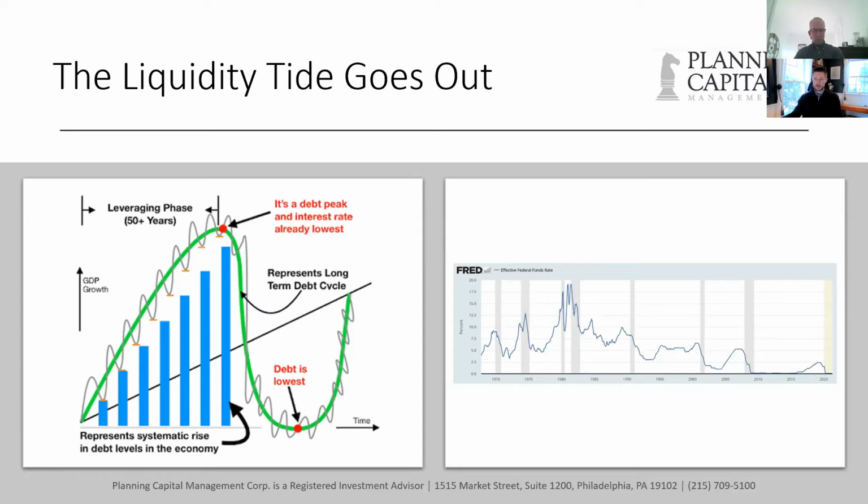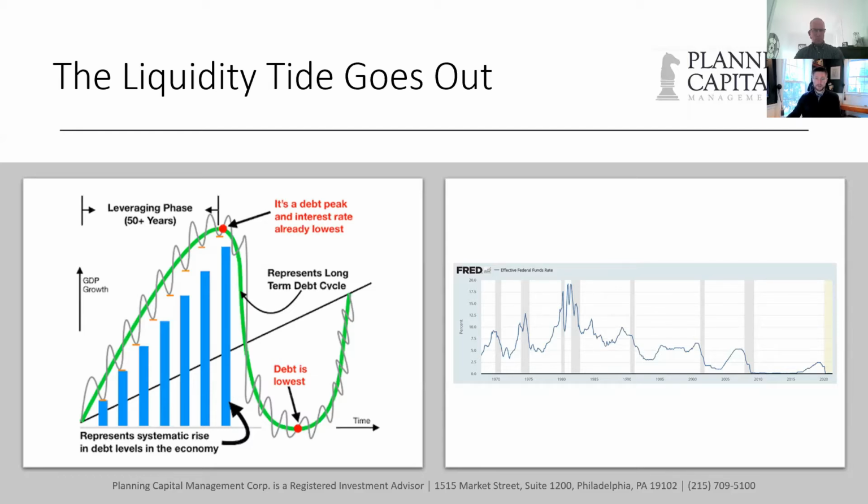And the long-term debt cycle, which is what the chart on the left is attempting to illustrate, essentially states that economies operate in these incredibly long-term debt cycles, right? You think of a 30-year mortgage, that's an incredibly long-term piece of debt.